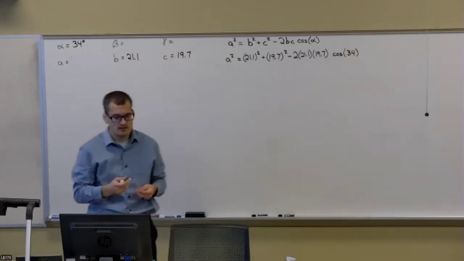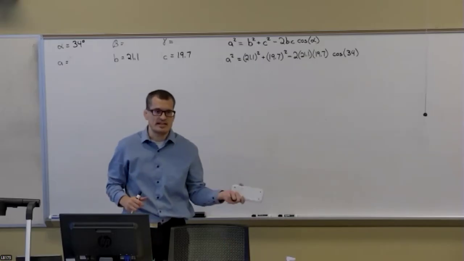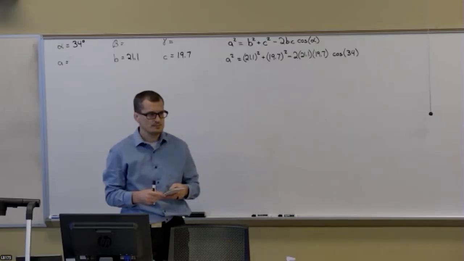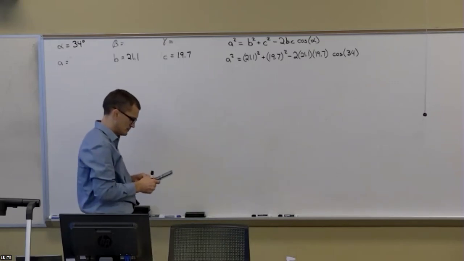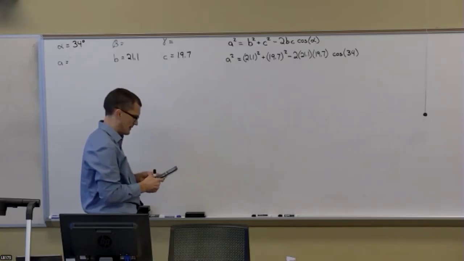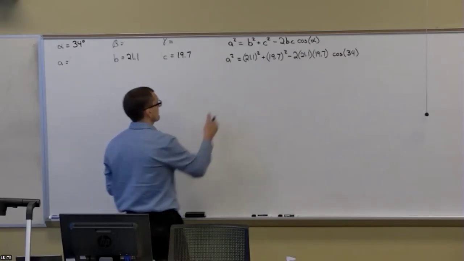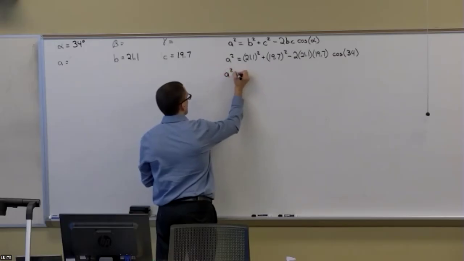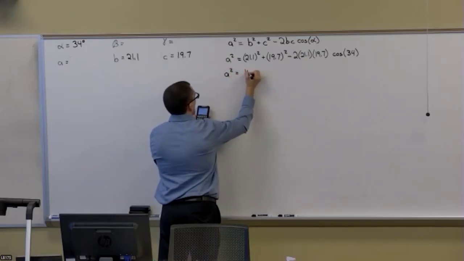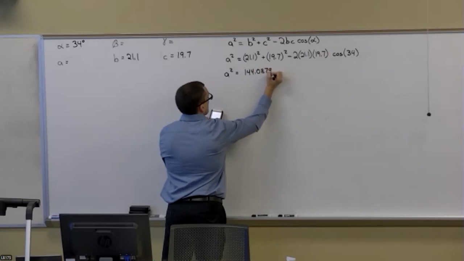Takes up some space, this law of cosines. That right-hand side is something I can just type into my calculator. I ended up with a squared being about 144.0879, and so on, right?